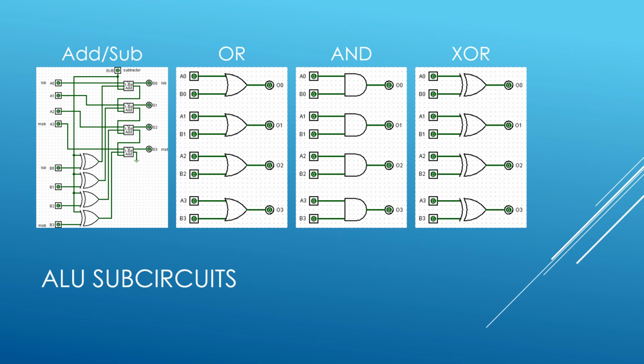So when the subtractor bit is enabled, or has a high voltage feed, it will flip all the bits and turn it into a subtraction. The OR and XOR gates are essentially the same as our previous lessons.